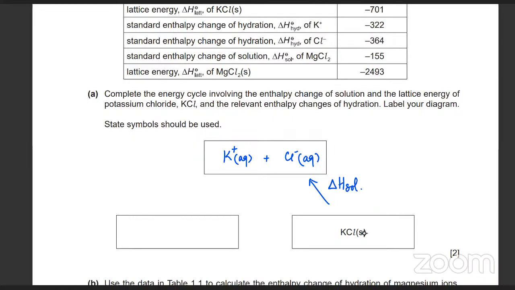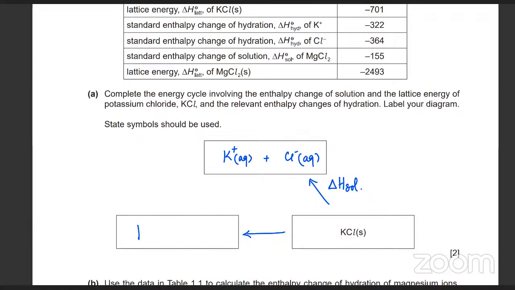और क्या होगा इसमें? What's the Hess cycle involving hydration? The first step is that when you want to form aqueous solution, you would first have to break the lattice. So that would be lattice energy.